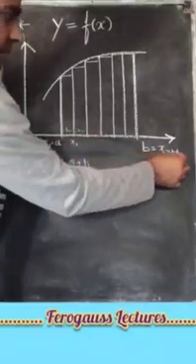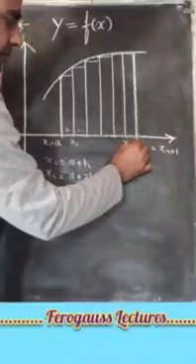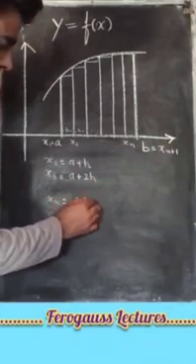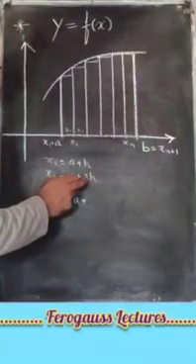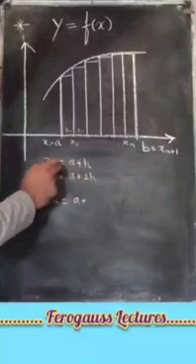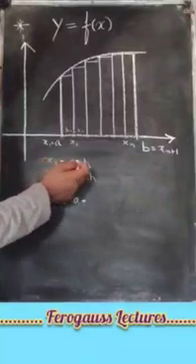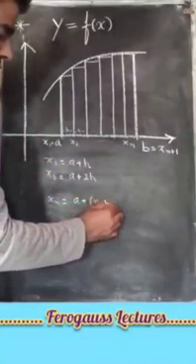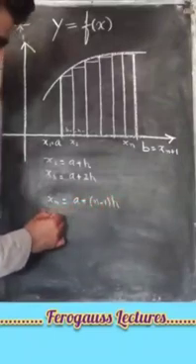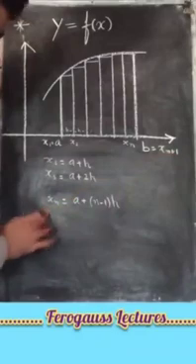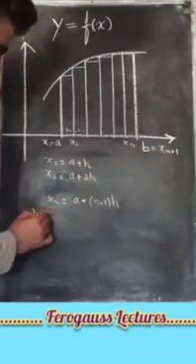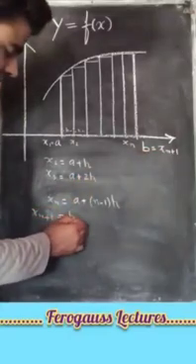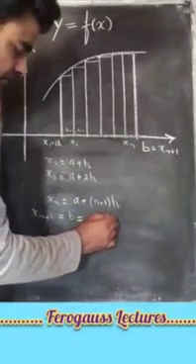Similarly, for xn we can write it as a plus (n minus 1)h, and x(n+1), which is equal to b, is equal to a plus nh.